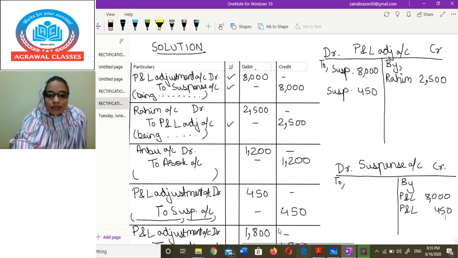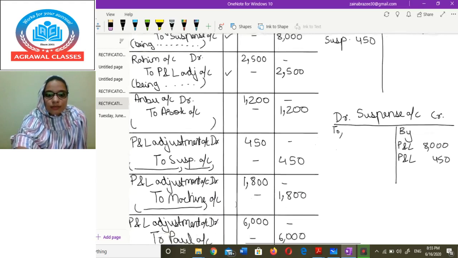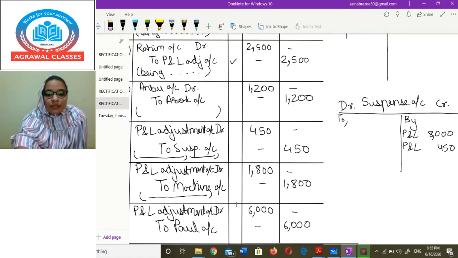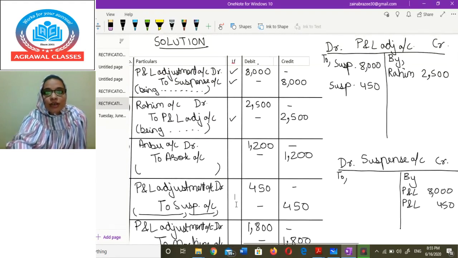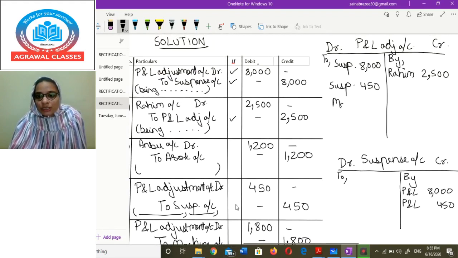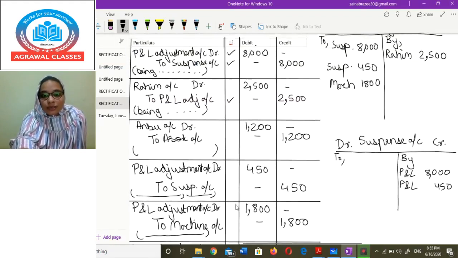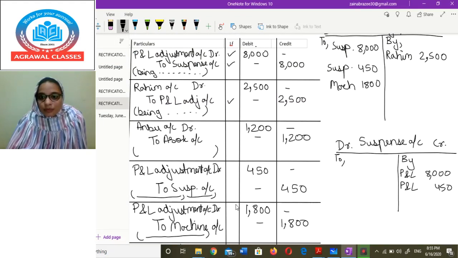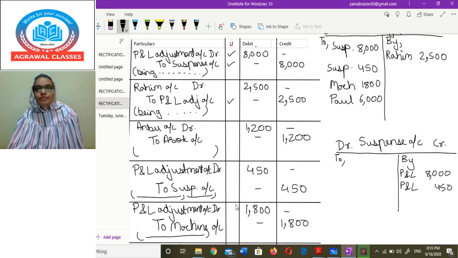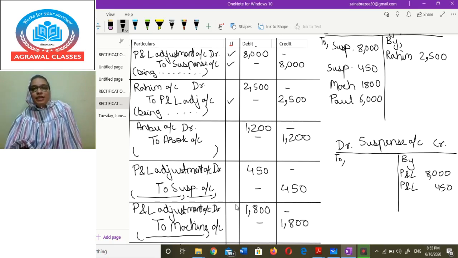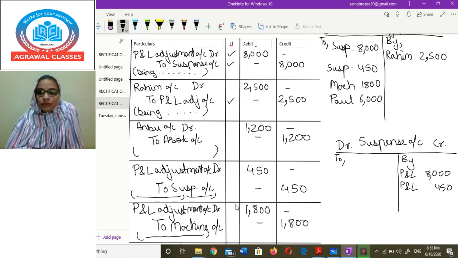Then the next entry is P&L adjustment debit to machine 1800. So we'll have to debit P&L adjustment to machine 1800. And P&L adjustment debit to Paul 6,000. So again P&L adjustment debit to Paul 6,000. Now we've entered all the entries which were there for P&L adjustment and suspense. Now just close it.